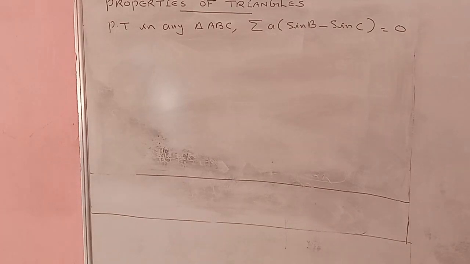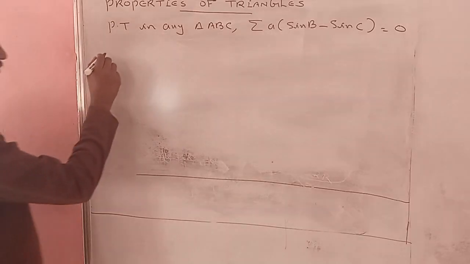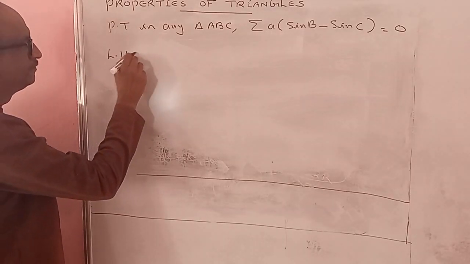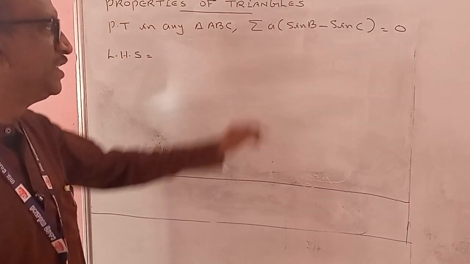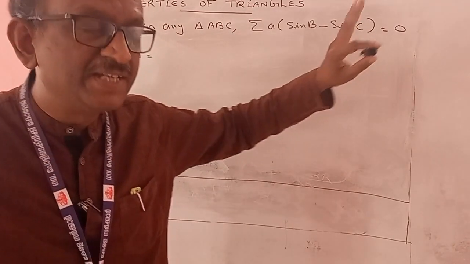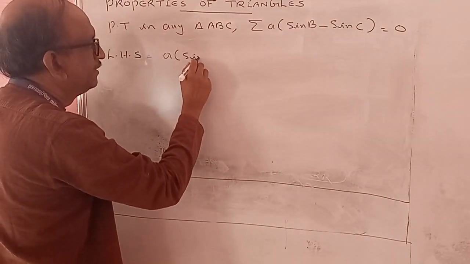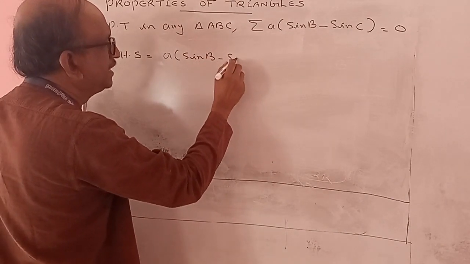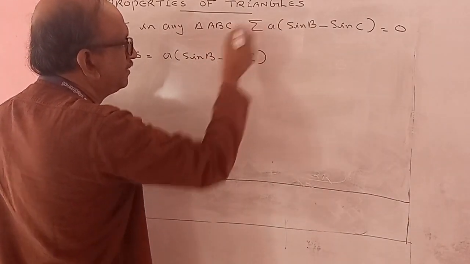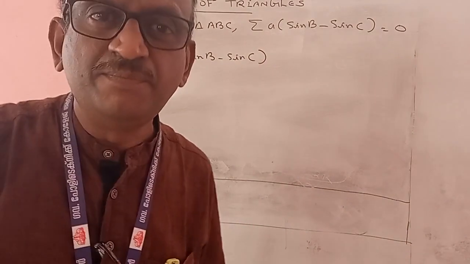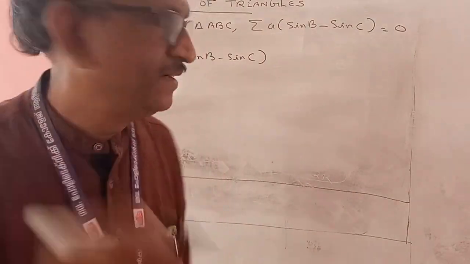Therefore, first you expand the left hand side. First term: a (sine B minus sine C). The symbol is sigma, therefore sum, addition, plus.